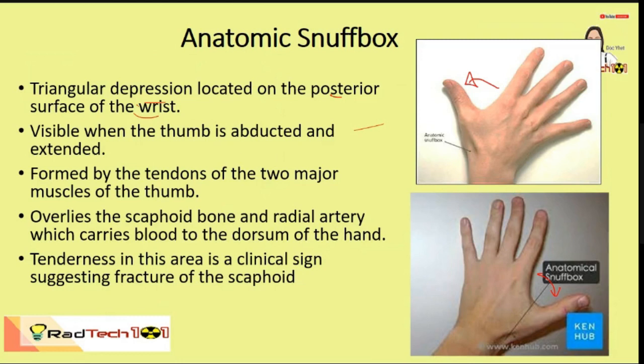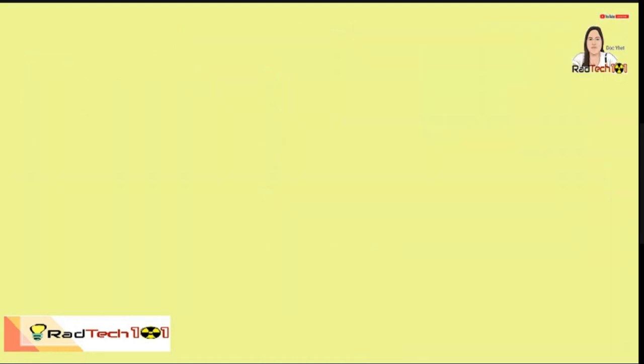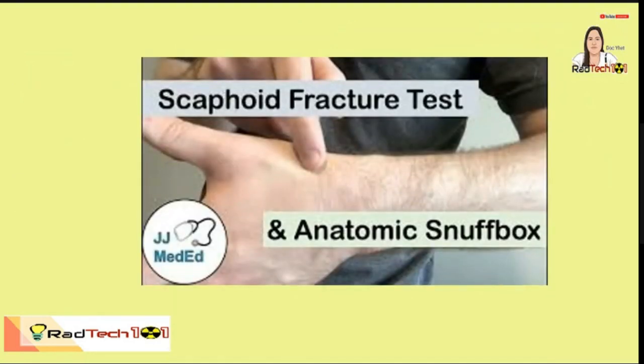If the anatomic snuff box is tender, kapag na-press mo siya tapos tender siya, this means that there is a fracture of your scaphoid. Okay? Kapag masakit siya kapag pinress mo, it suggests that there is a fracture of your scaphoid. Ito siya, pinipress siya to check if there is a scaphoid fracture. So, yan yung importance ng ating anatomic snuff box.